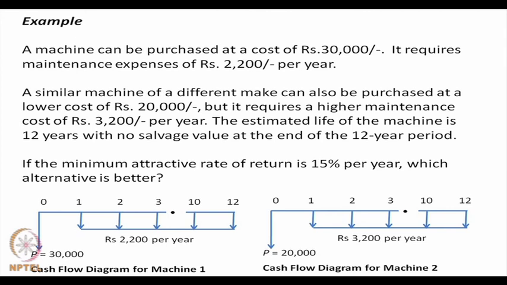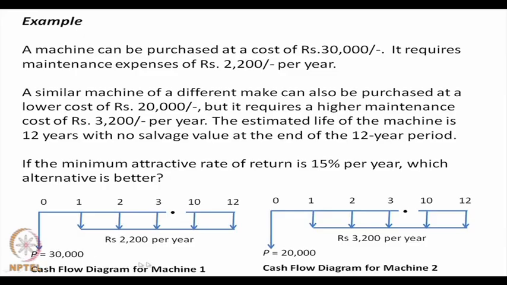However, the annual expenses are distributed over time. The first cost of course takes place at the beginning of the times. Now, how to compare these two alternatives? We will use all the three methods, but first let us draw the cash flow diagram.